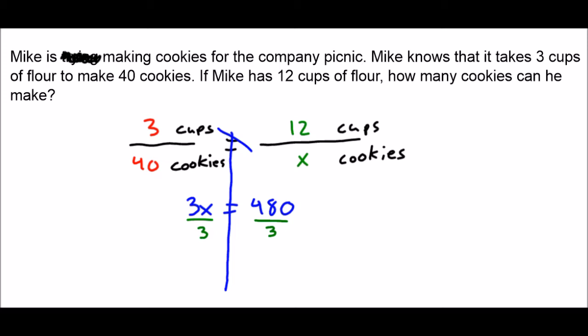And let's see, we get 160. So that means with 12 cups of flour, he can make 160 cookies. So that is just a brief tutorial on how to solve basic proportions and a very straightforward application.